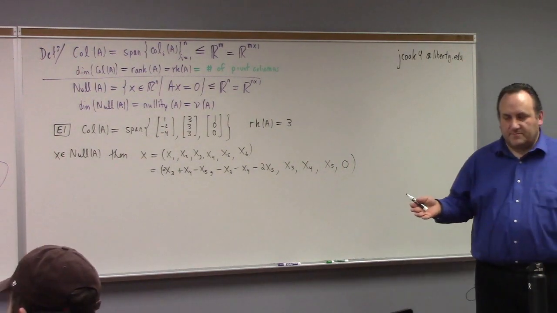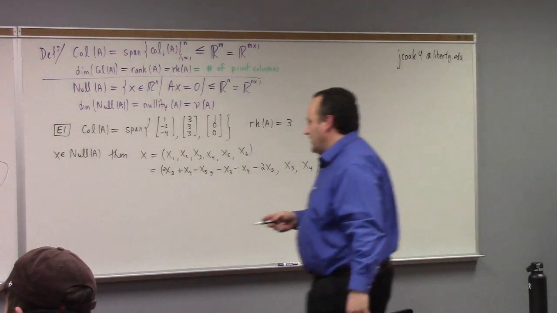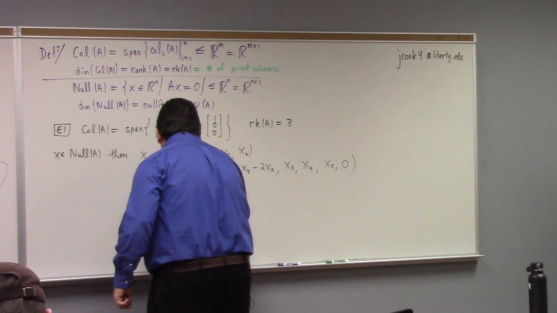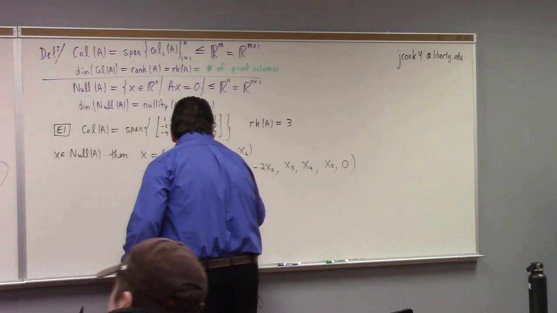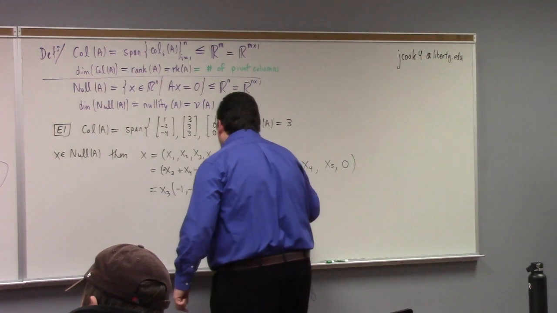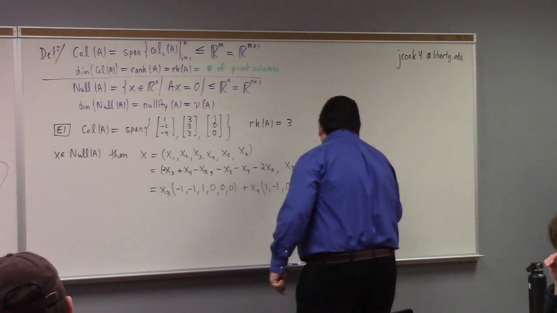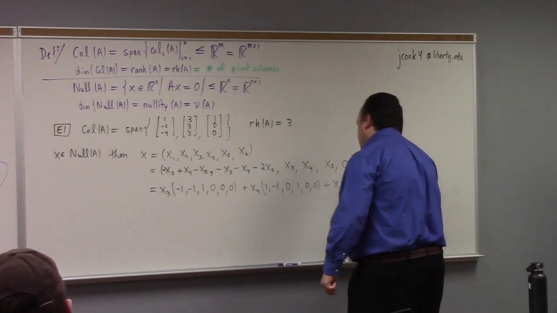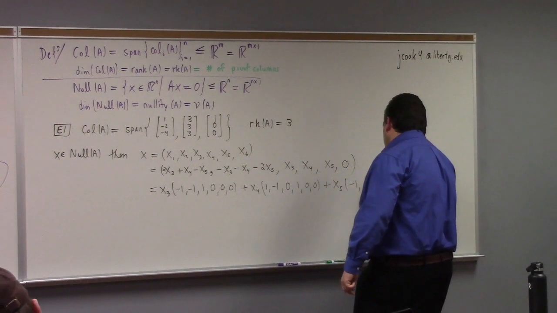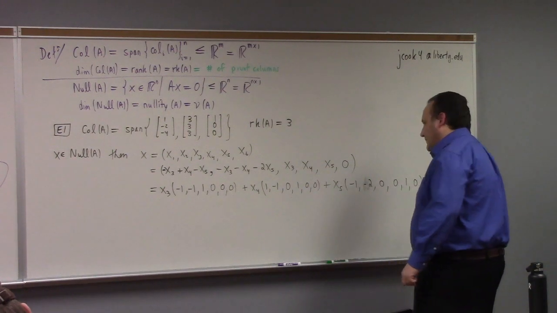You're like, well, how does that help us? This is a calculation you probably did last semester, but we're bringing it back. So factor out x3, and look what you got. You got x3 times (minus 1, 1, 0, 0, 0, 0), plus x4 times (1, minus 1, 0, 1, 0, 0), plus x5 times (minus 1, minus 2, 0, 0, 1, 0).